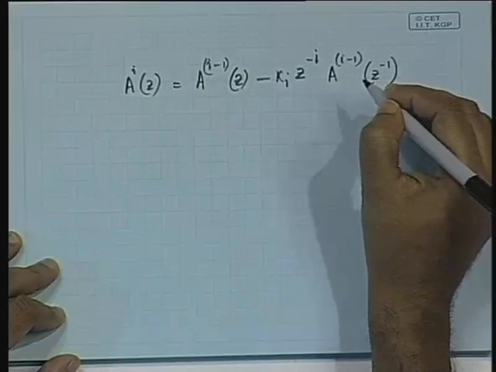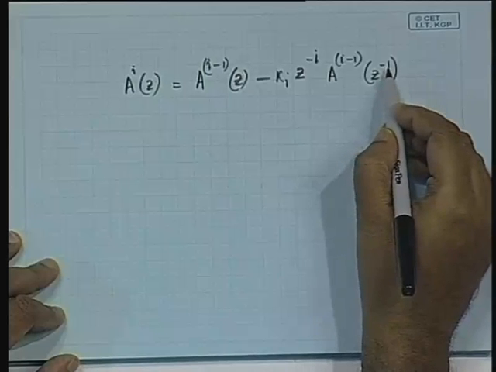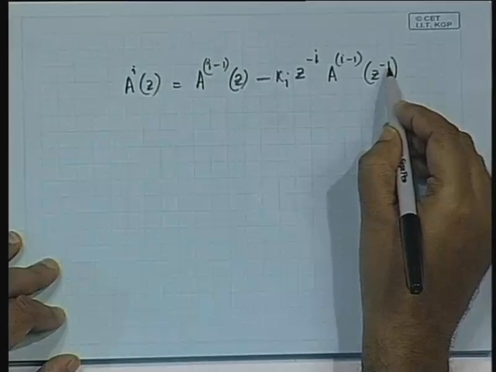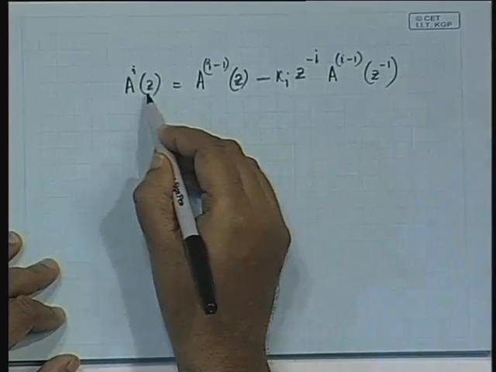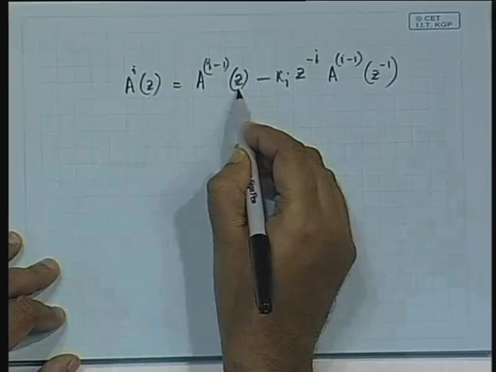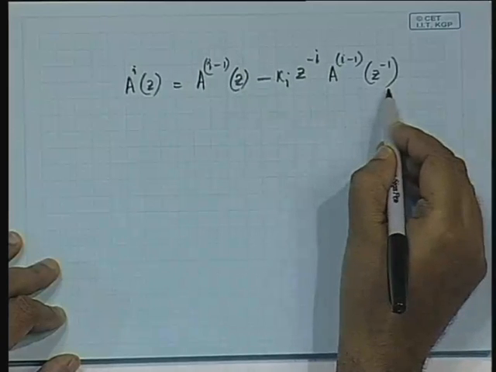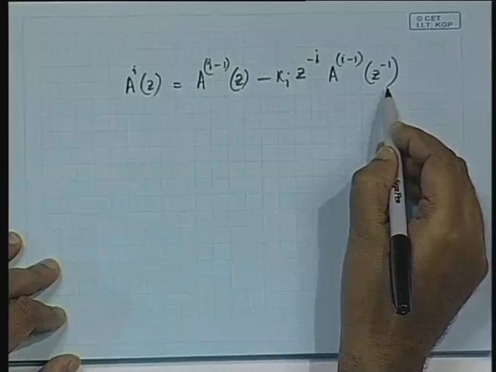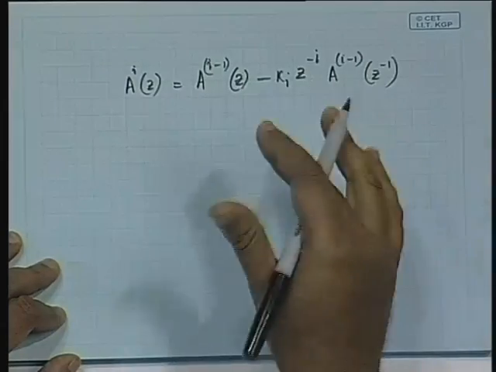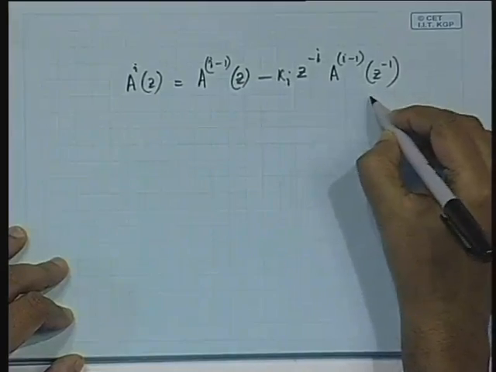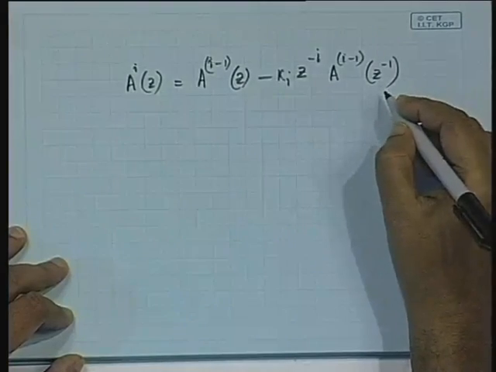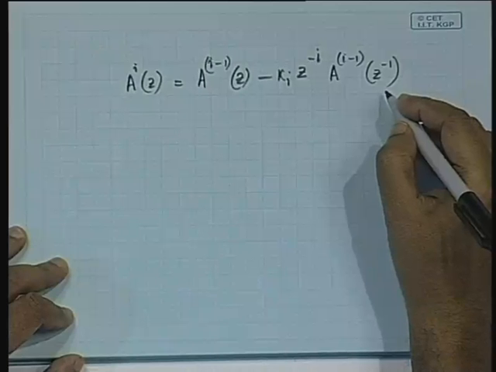And this is very interesting. Here is a Z to the power minus 1 term as an argument of this A Z. Here it is A Z, here it is A Z, but here it is A Z to the power minus 1. By simplification, by properly working, this is what you will be obtaining, and it will become very interesting, and more interesting in the time domain.